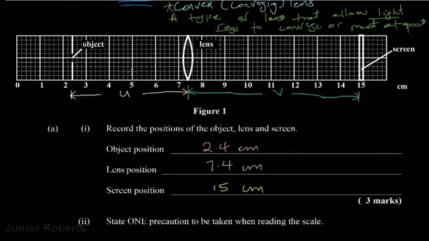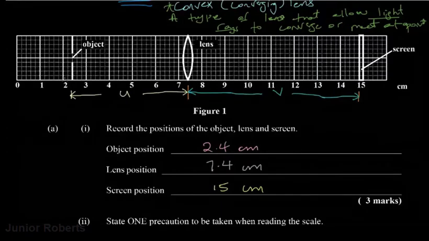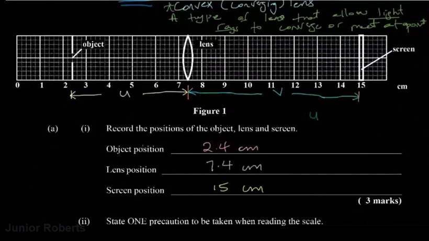Okay, all right. What if we say our object distance u. As I said, we know the position of our object, it is at 2.4 centimeters, and we know the position of our lens, it is 7.4 centimeters. So we can calculate this distance u by subtracting the object position from the lens position.